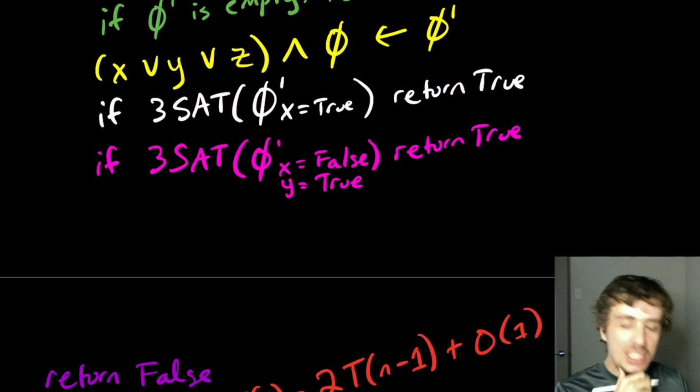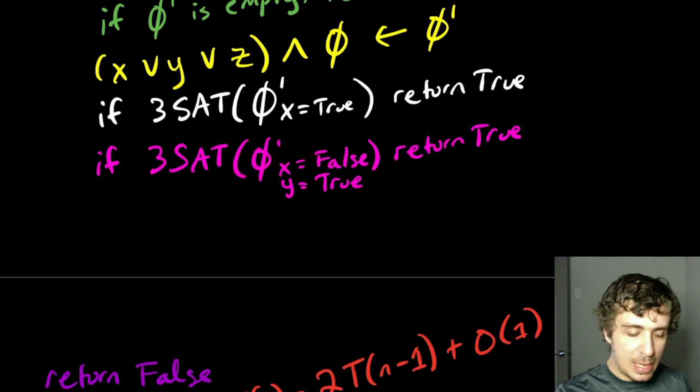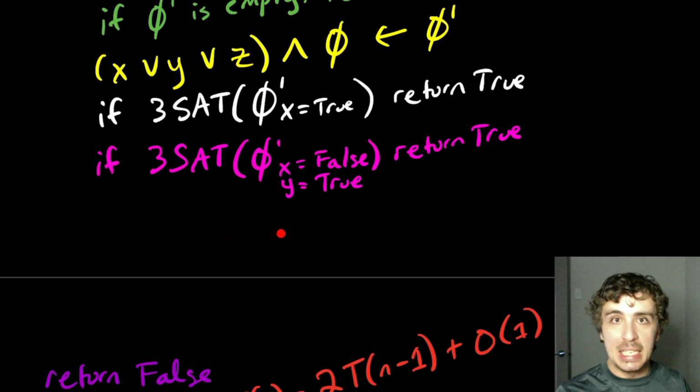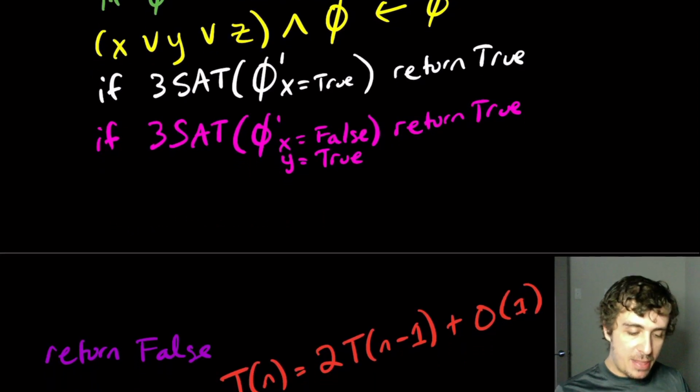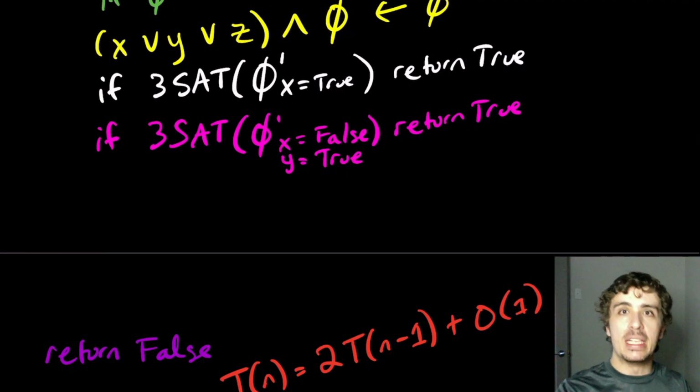So here I'm going to set y to be true. This is saying in the whole formula, fix x to be false everywhere, fix y to be true everywhere. Okay? Well, if this is not satisfiable, then that means that x has to be false and y also has to be false in order for this to be satisfiable at all.